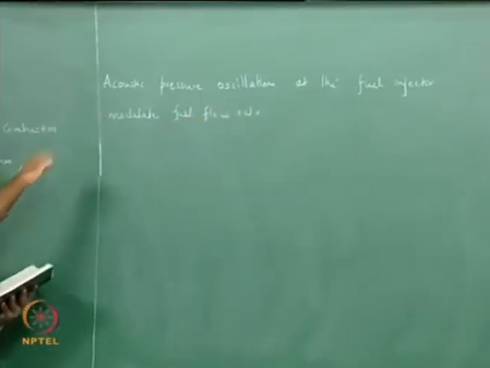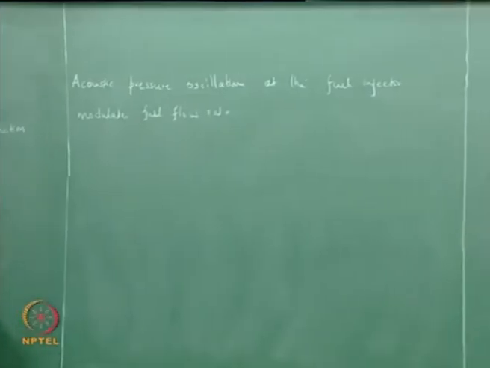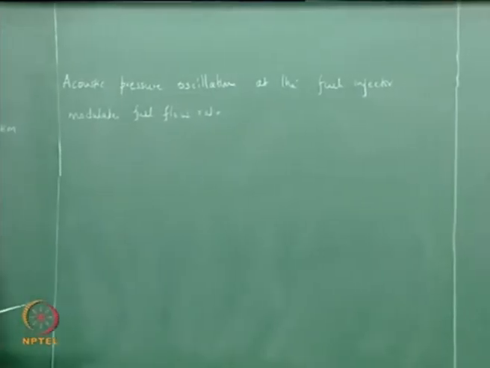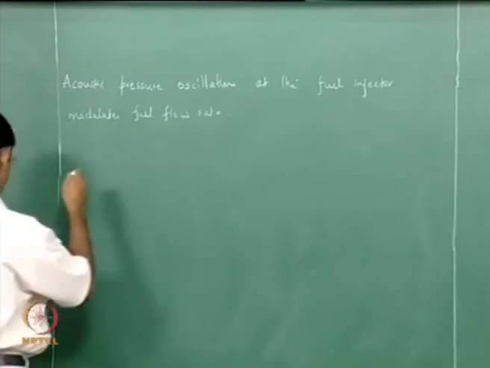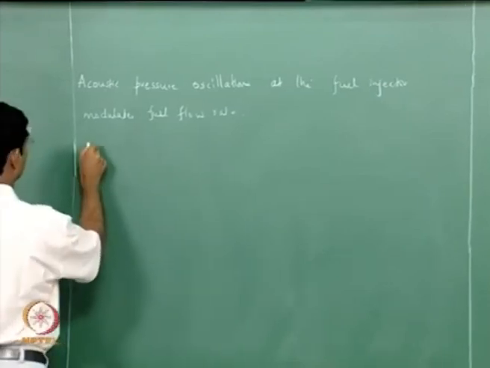Similarly, acoustic pressure oscillations and velocity oscillations will modulate the airflow rate. So therefore, we will have equivalence ratio fluctuations.